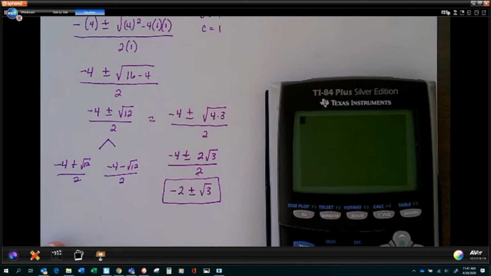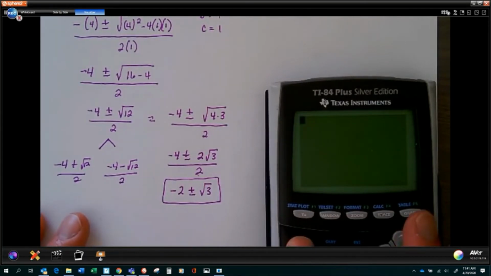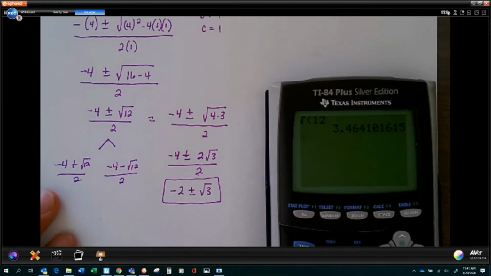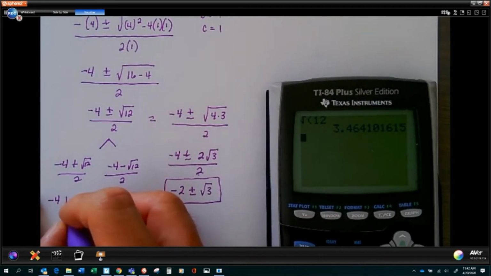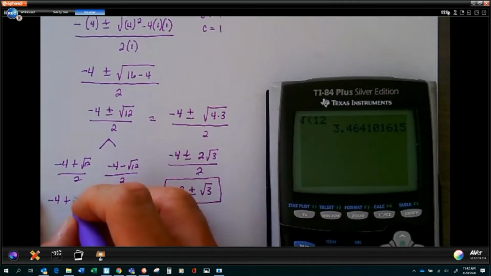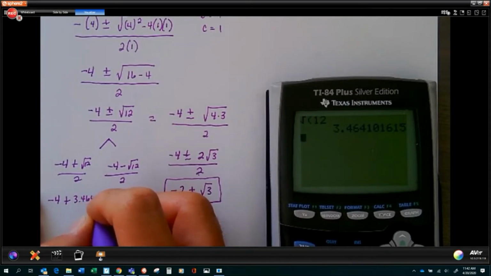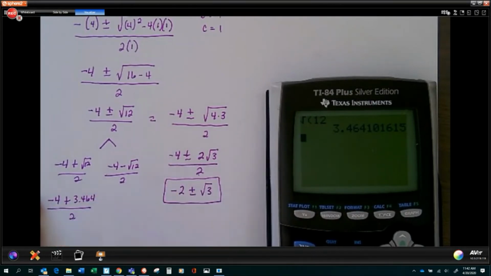And we're going to find the square root of 12. So we find the square root of 12 is going to be 3.46410. So over here, we're going to estimate that to negative 4 plus 3.464, divided by 2. Now I have to take that and subtract it.